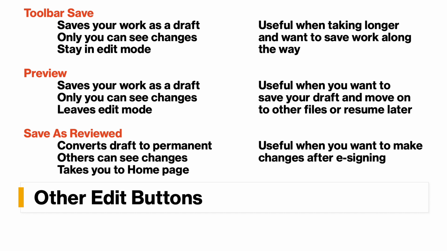One important thing to keep in mind is that when you click Quick Edit, the system converts the file to a draft. This draft can only be seen by you.